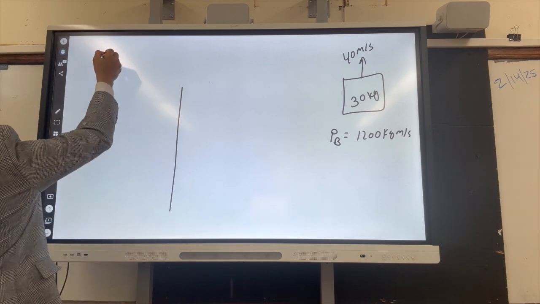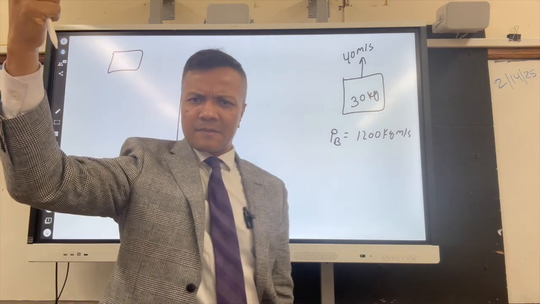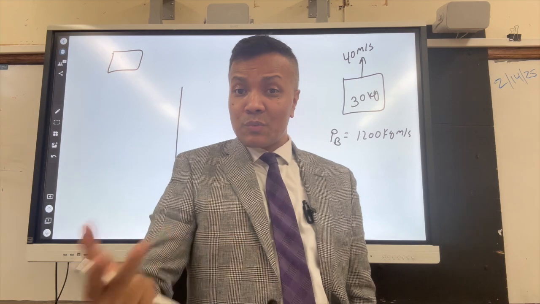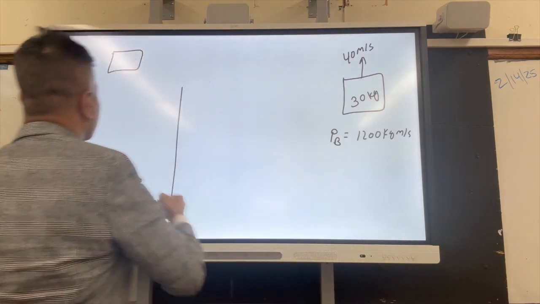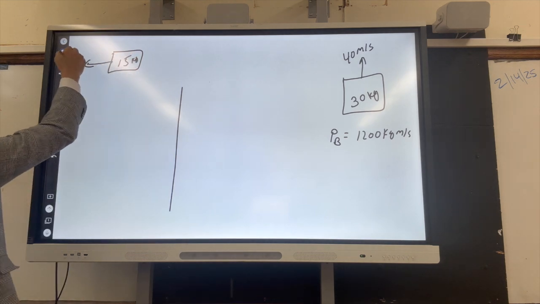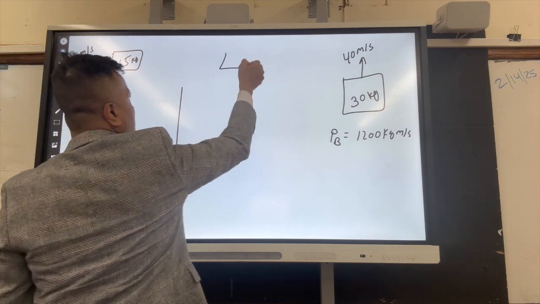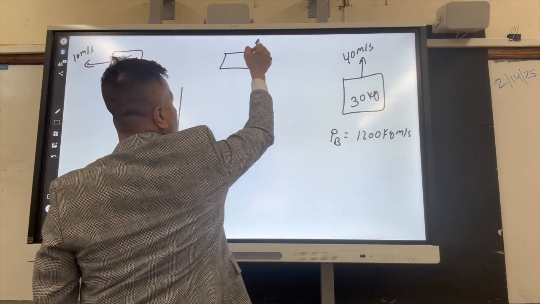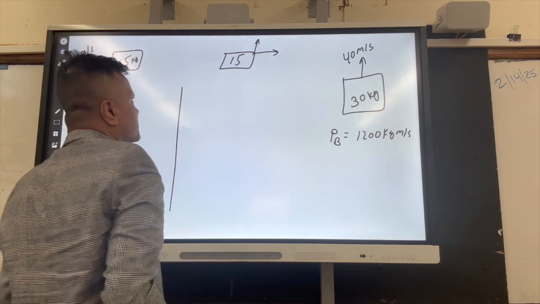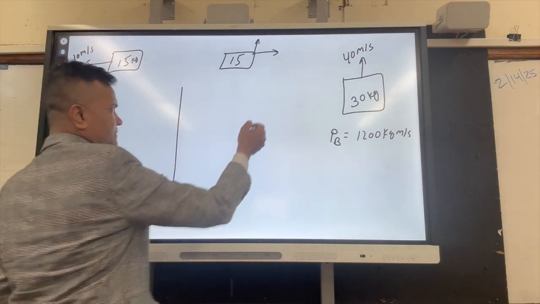You throw the 30 kilogram granite in the air, and it breaks into two pieces. One piece is 15 kilograms, moves to the west, at 180 degrees, 10 meters per second. The other one moves northeast. If this one is 15, this one has to be 15. We want to find the angle of the resultant.